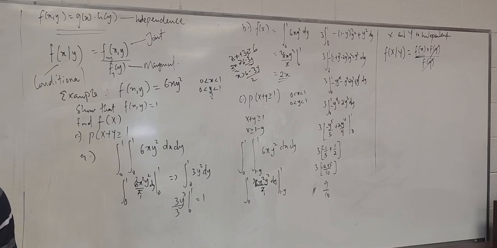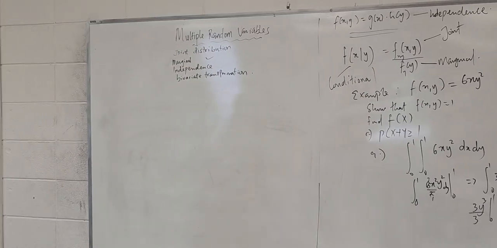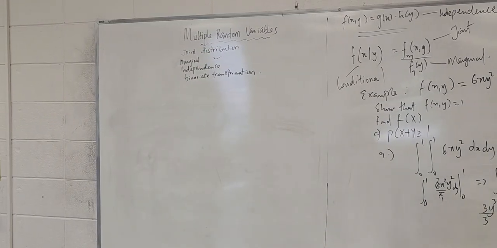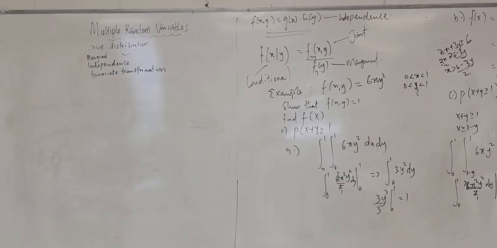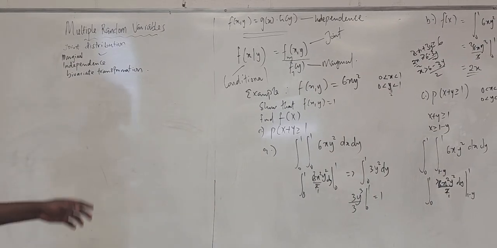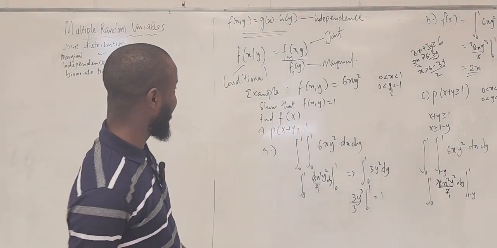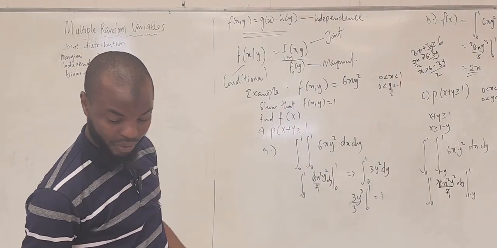You still have covariance, correlation and their properties. We can't finish chapter 4 today. It's too much. What I'm just doing is the basic things you need to know.